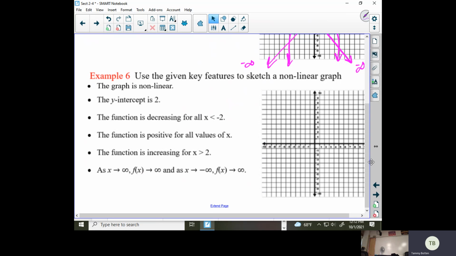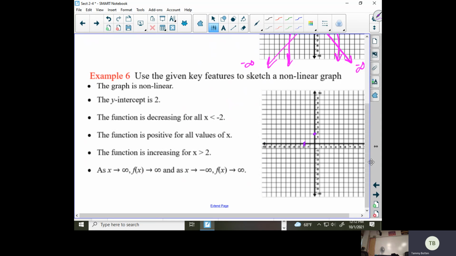Okay. Now let's look at this. We have the graph is non-linear. The y-intercept is at 2. The function is decreasing for all x's less than -2, okay? So I know my graph is decreasing over here. The function is positive for all values of x.